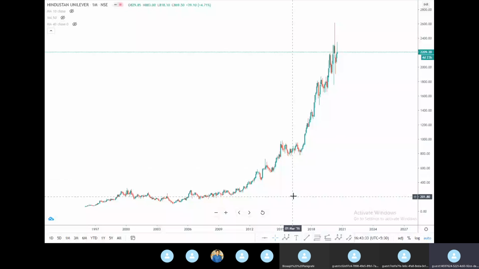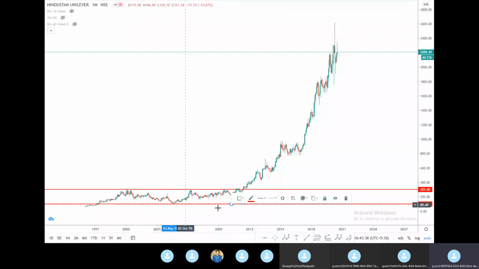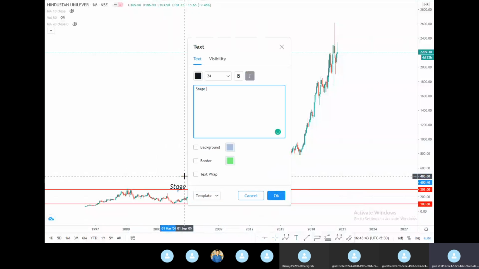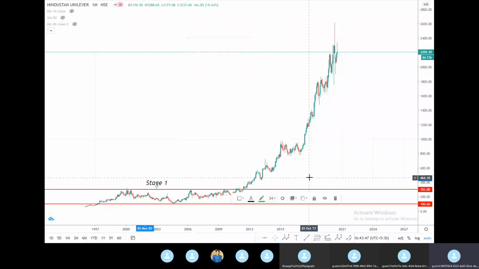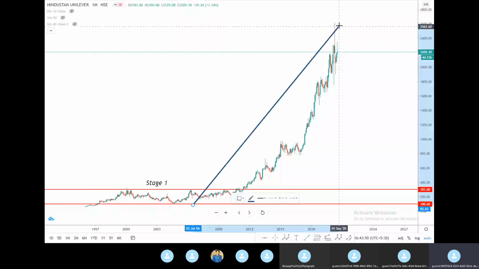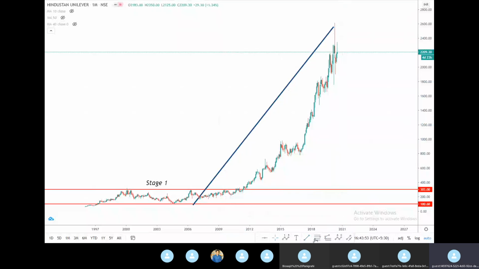We clearly see there's a range here, so this is stage 1. We clearly see there's an upside from here to here, and we say this is stage 2.